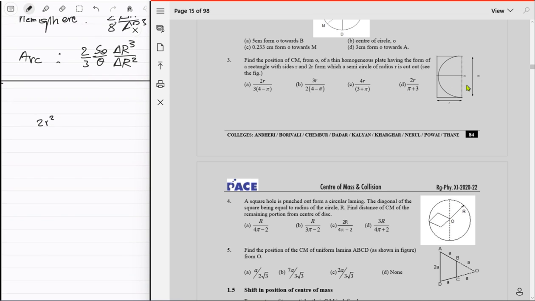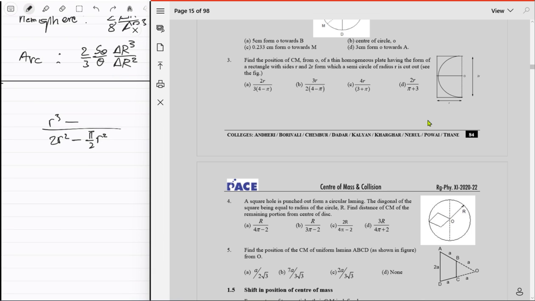So what is this going to be? It's at distance r upon 2, so just r cubed. Isn't that right? R cubed, and then you just have 2r squared. Then minus, because we're subtracting, the mass of this complete thing, which is pi r squared upon 2, times the center of mass's position.